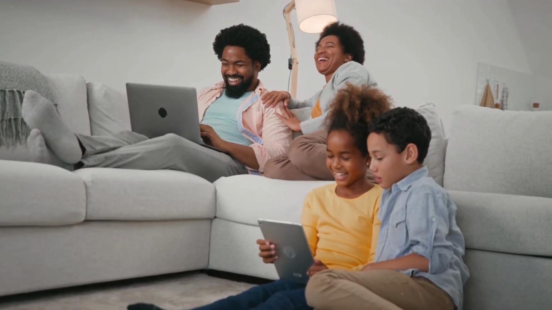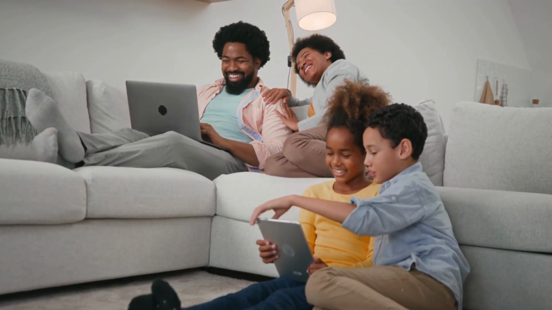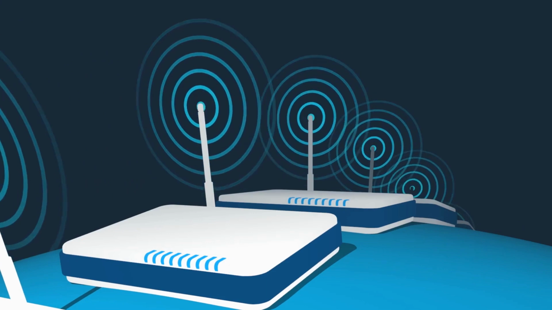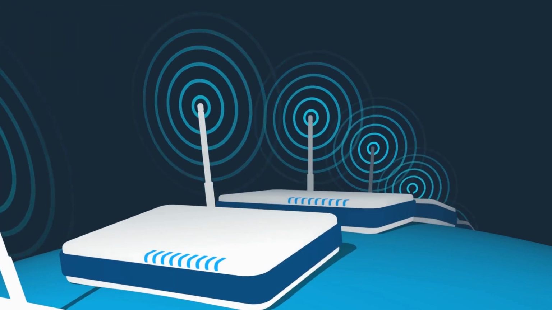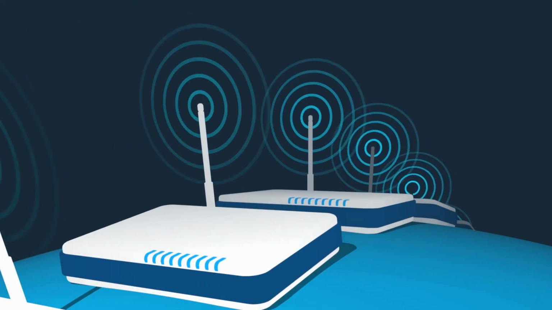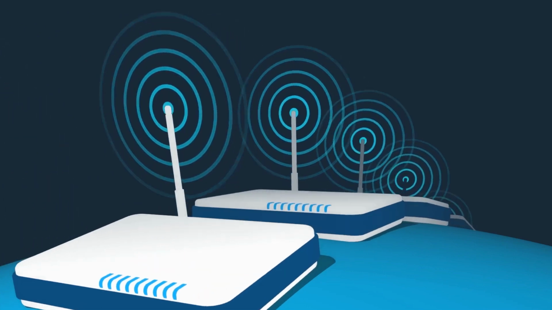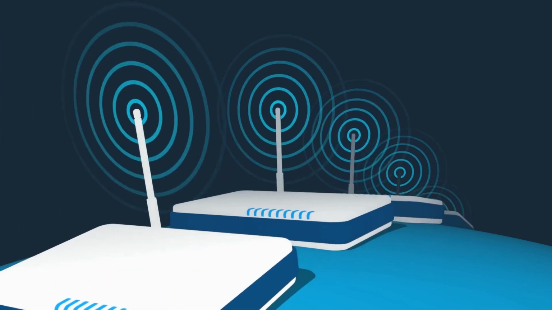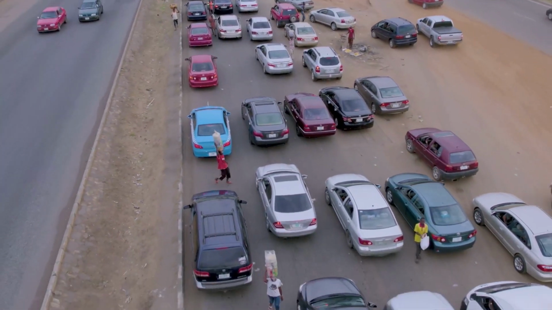That's where frequency bands and channels come in. Wi-Fi transmits data using radio waves, which can travel over two primary frequencies, 2.4 GHz and 5 GHz. The 2.4 GHz band is like an older, more crowded highway.